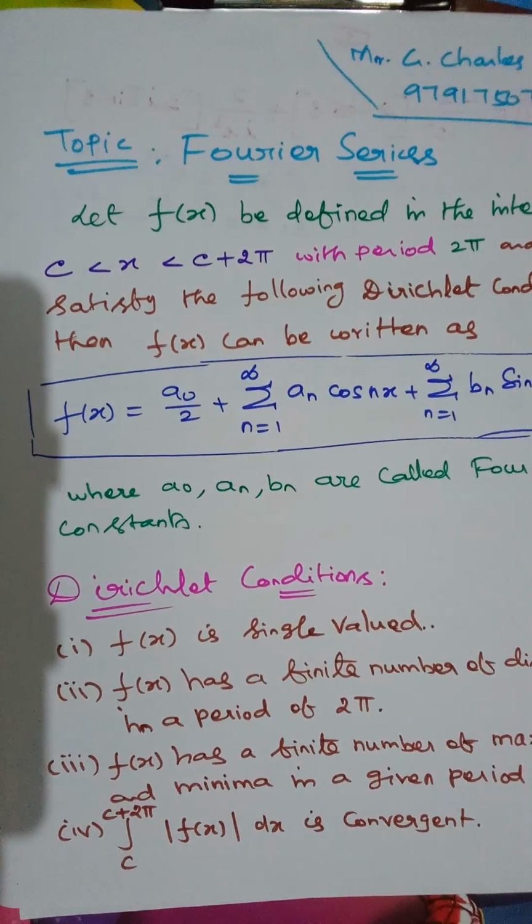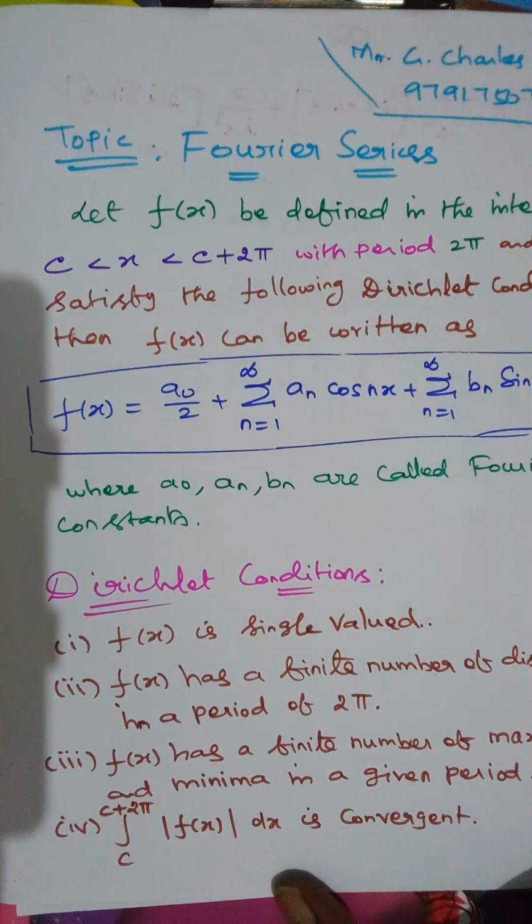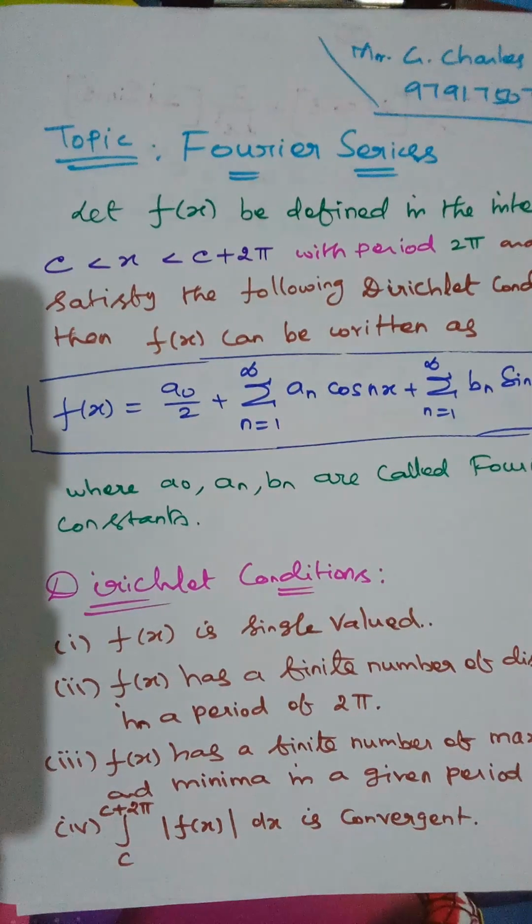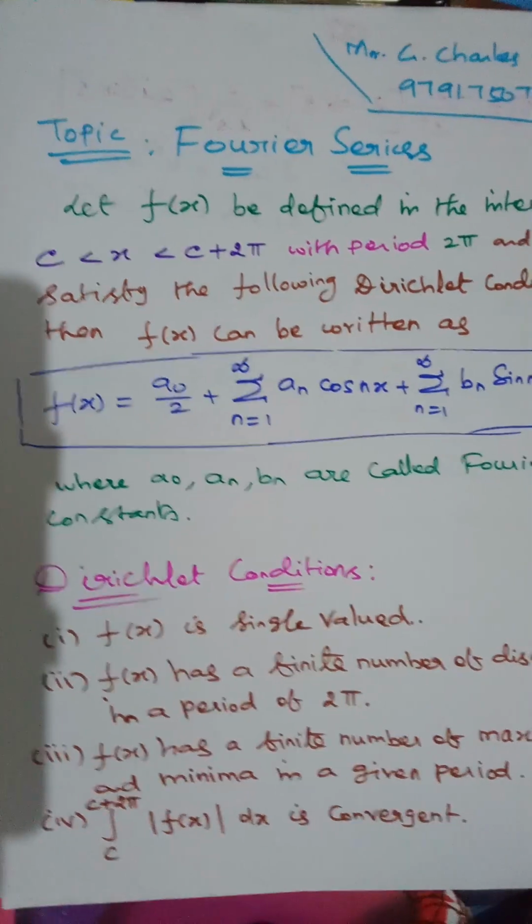Let's move to the topic. Fourier series. Let f of x be defined in the interval c less than x less than c plus 2 pi with period 2 pi and satisfy the following Dirichlet conditions.